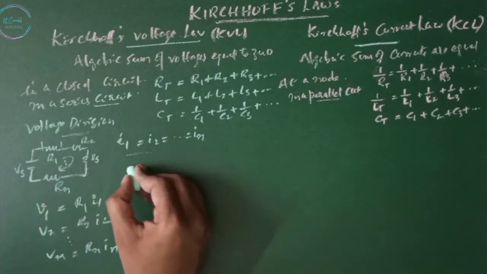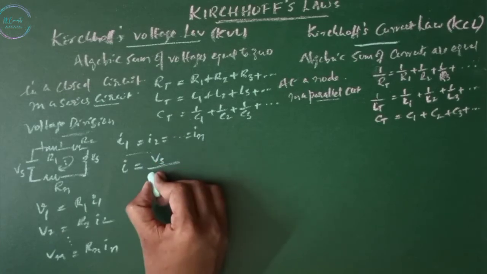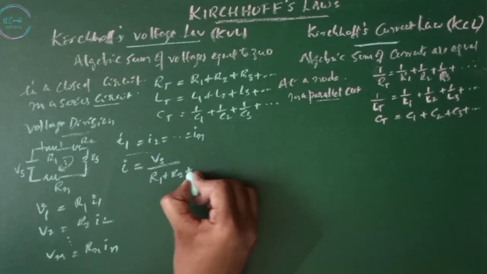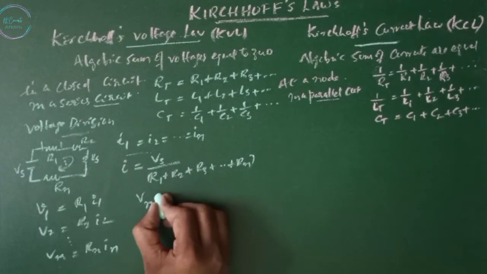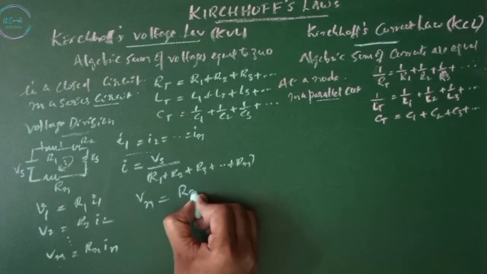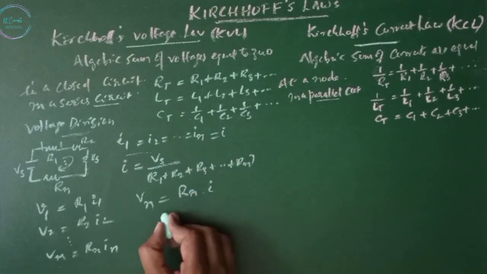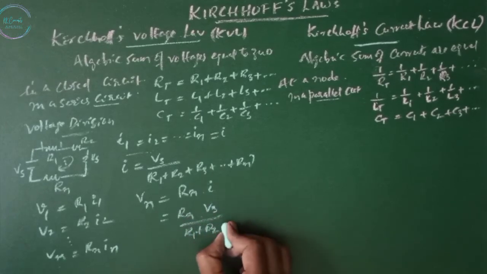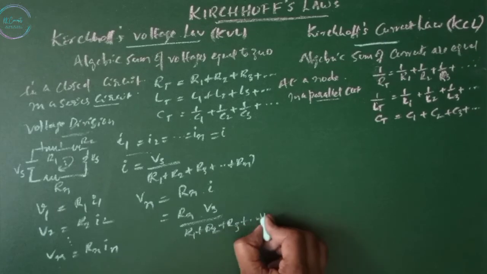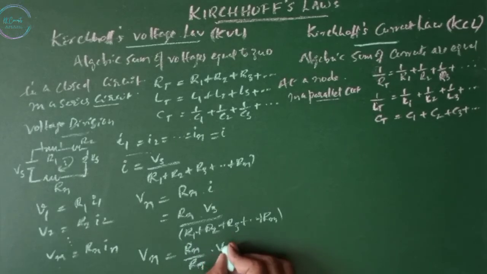But we know that in a series circuit, I1 equals I2 equals In. By applying KVL, we can write the current I is given by the source voltage Vs divided by the total resistance, that is R1 plus R2 plus R3 and so on up to Rn. Vn equals Rn multiplied by In, and In is nothing but the total current I. So Vn equals Rn Vs divided by R1 plus R2 plus R3 and so on up to Rn, that is, Vn equals Rn divided by Rt, total resistance, multiplied by the source voltage.